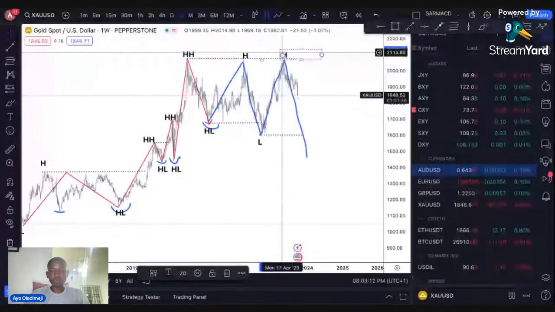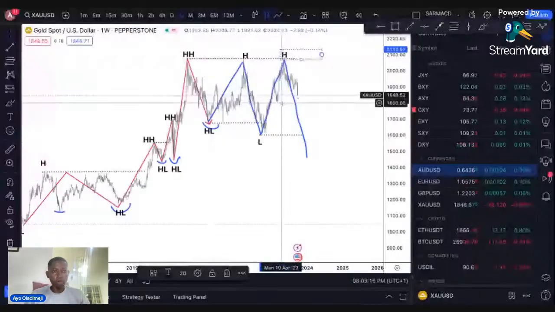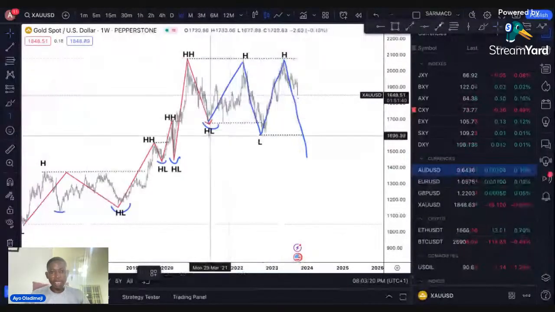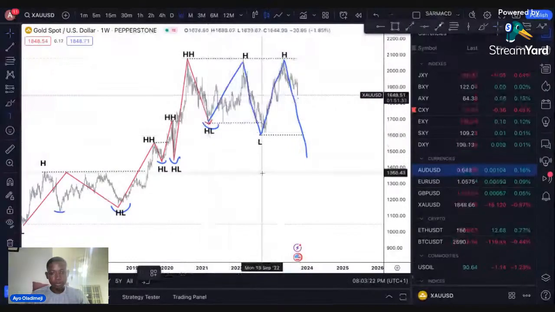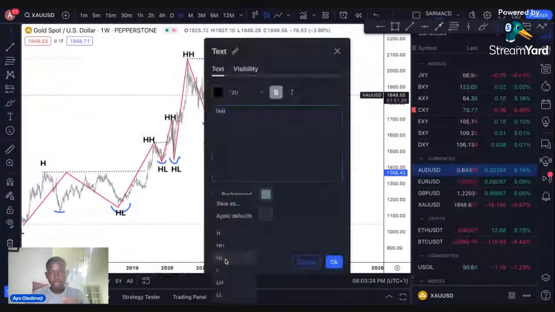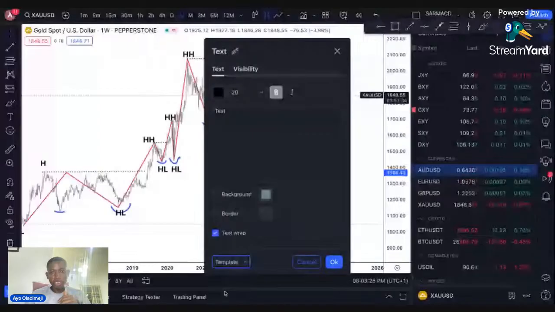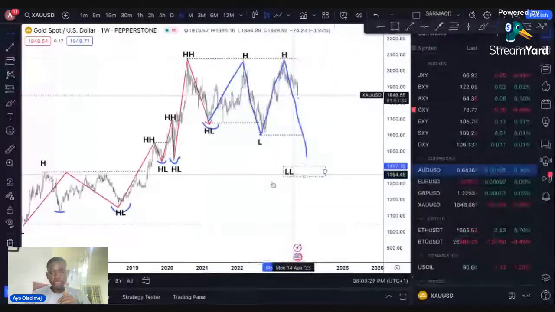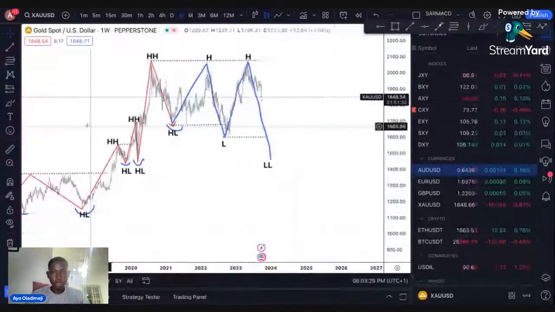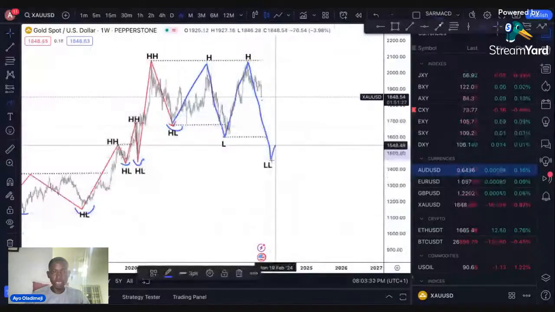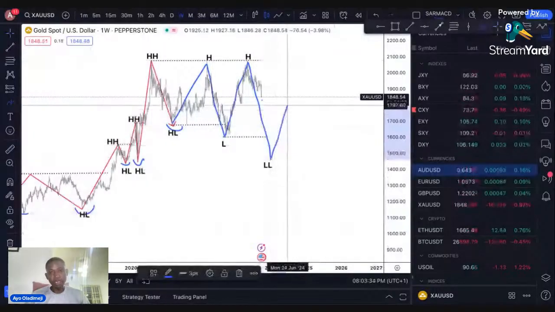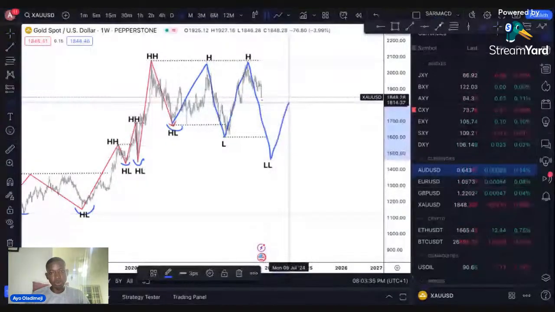But the next thing we expect it to do now is to come all the way down and give us a lower low. So we expect it to give us a lower low, and then continue to go up, then continue to create a lower high, and then lower low, lower high, lower low.